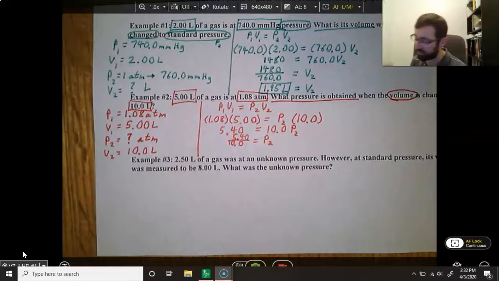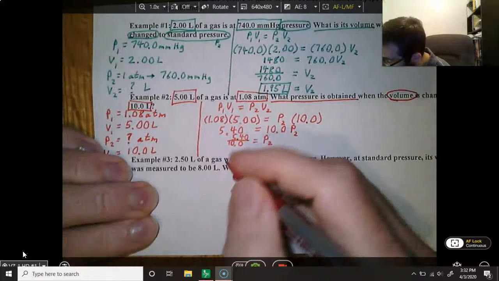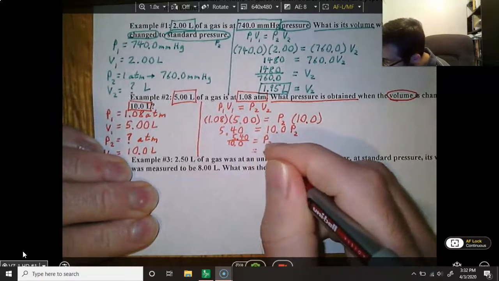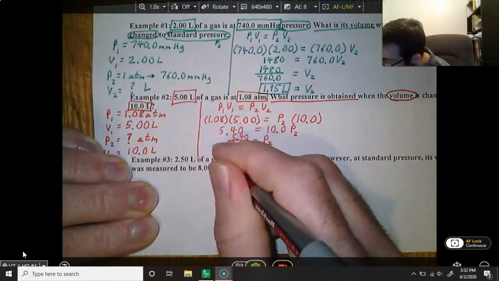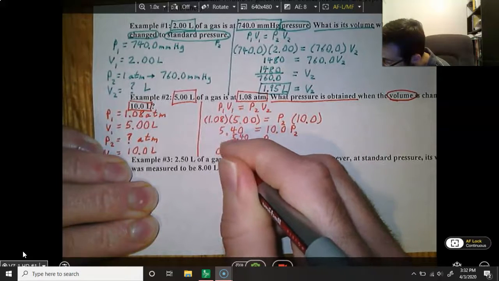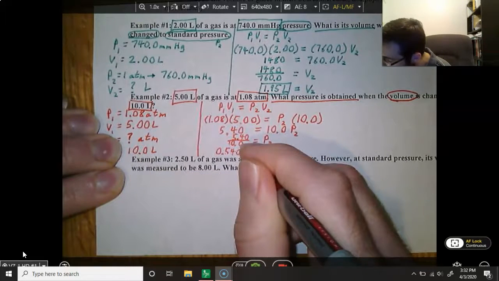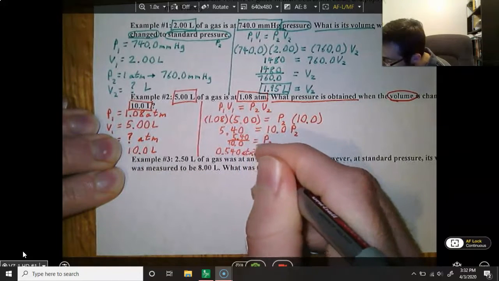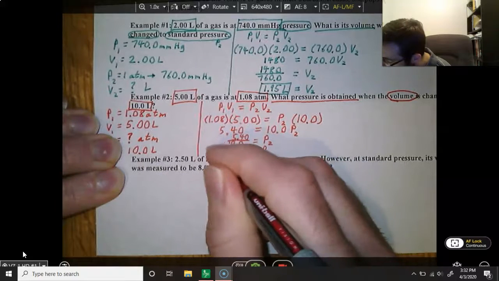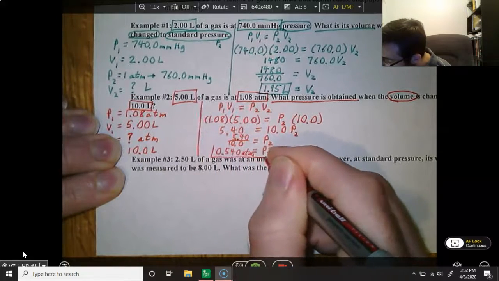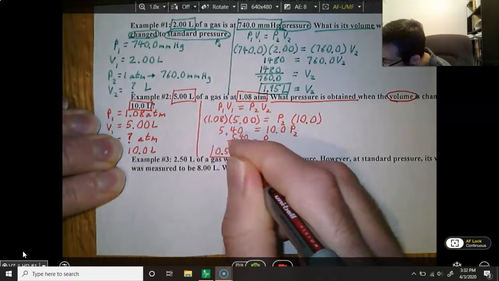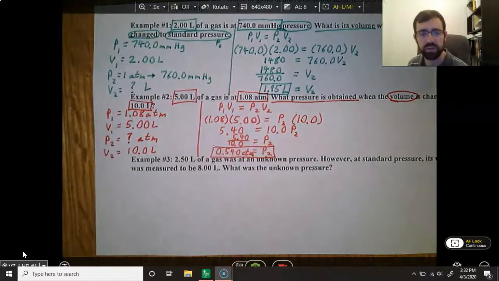And you get 0.540. Again, our units here are atmospheres, so we'll write atm. Kind of wrote that small, but hopefully you can see that. P2 is 0.540 atmospheres for our second problem.